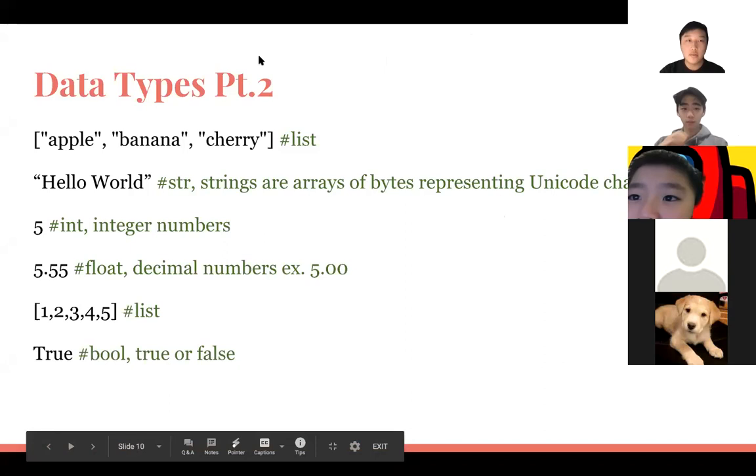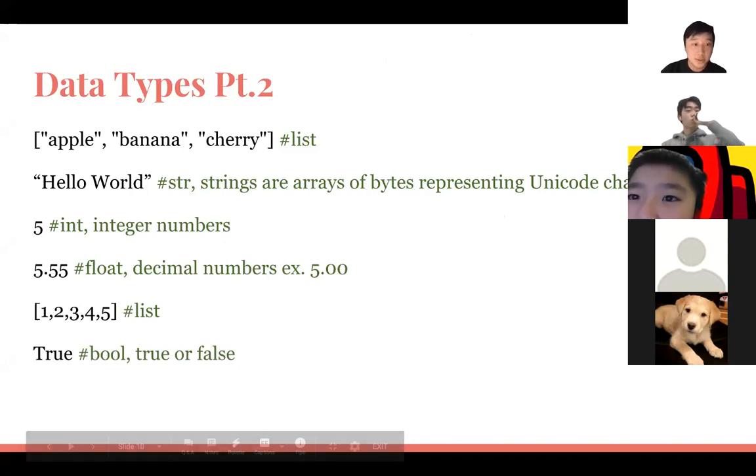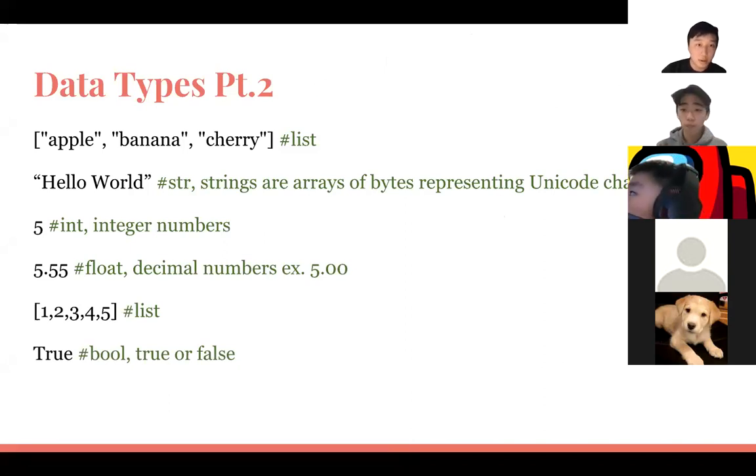Okay, so we have additional slides on data types, as this is a very important concept in Python. We have some examples on the slide. The first example is a list of fruits: apple, banana, and cherry. Syntax comes into play here. If you want strings inside a list, they have to be in quotation marks.